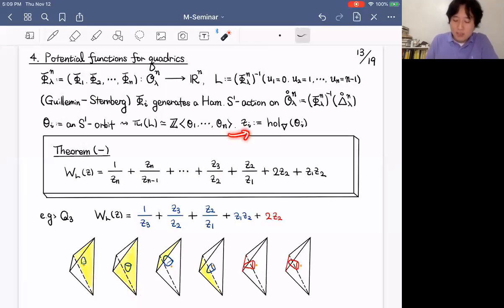And then I'm going to think about the mirror C-star variable z_i, which comes from the holonomy of the theta_i loop. Then the theorem is that the superpotential can be expressed in this way. To get a sense, let's look at the dimension 3 example. The superpotential actually consists of those terms. Recall that the polytope of Q3 is a simplex, so we have 4 facets: 1, 2, 3, 4.